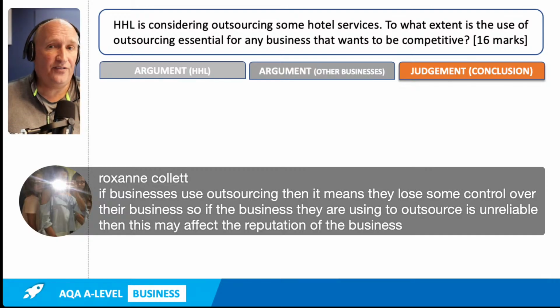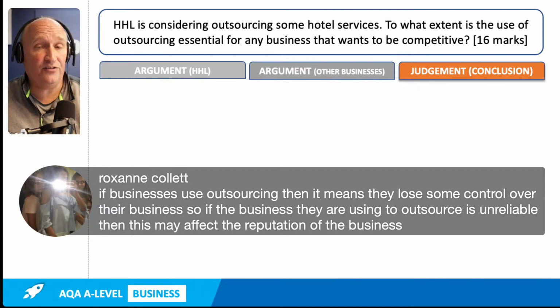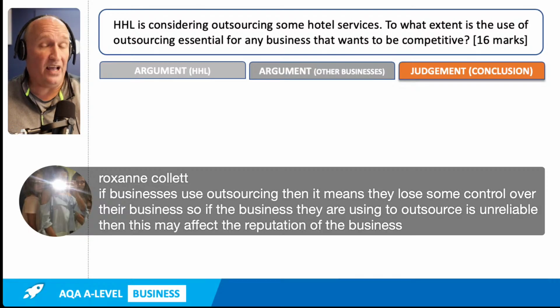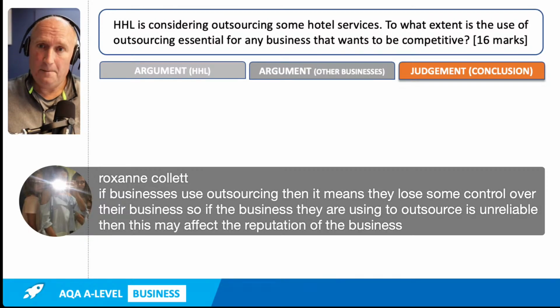However, if that web hosting business proves unreliable or is not able to host and look after customer details securely, that could seriously damage the reputation of the business and therefore damage competitiveness. So I've made an example up on the spot there, just to show you how you could make one up in the exam on Thursday to help season your application.